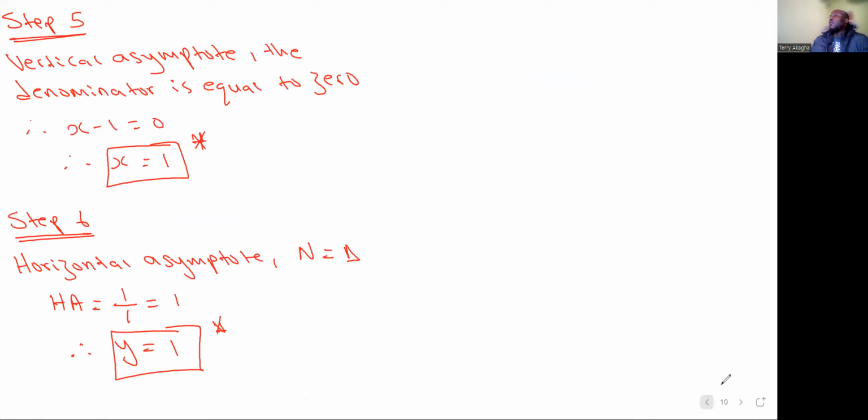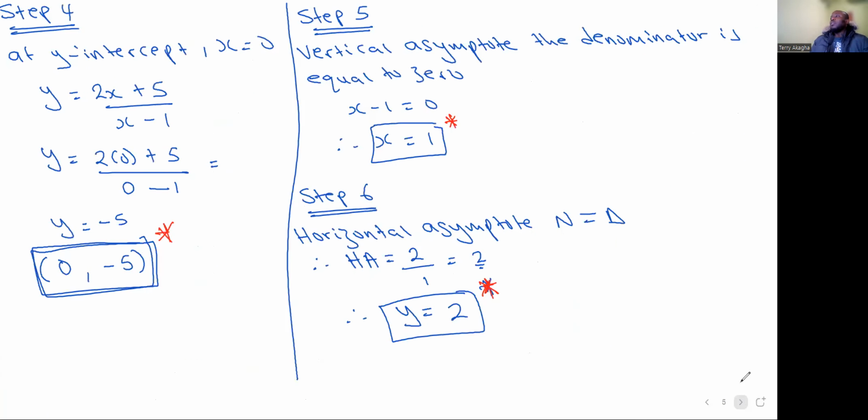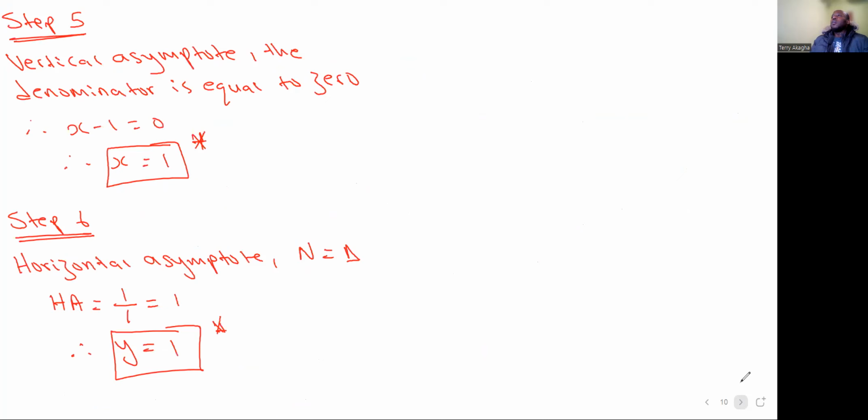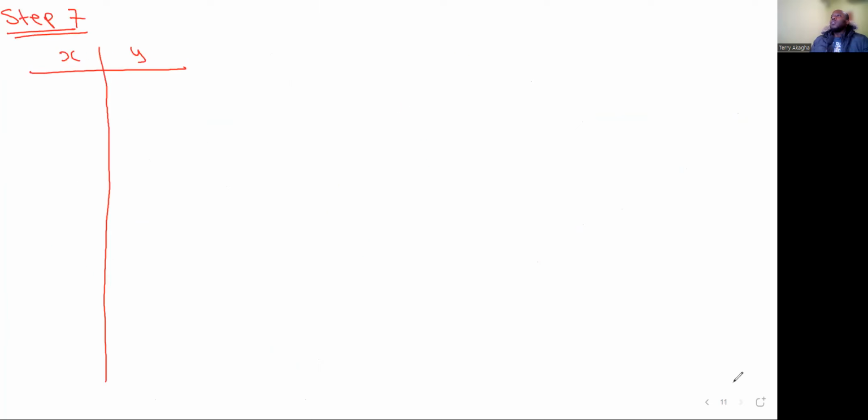We're told the first thing to do is to draw a table and put the x-intercept and the vertical and horizontal asymptote, right? So let's put it down. What was our x-intercept? Our x-intercept is -3. So x is -3, y is 0. So let's put -3 here, and y is 0.